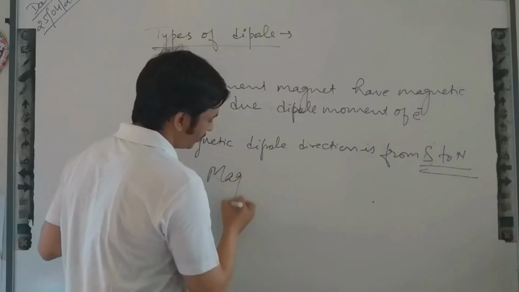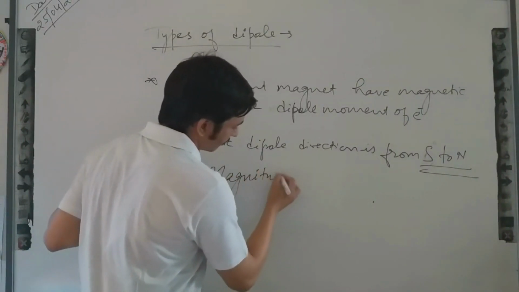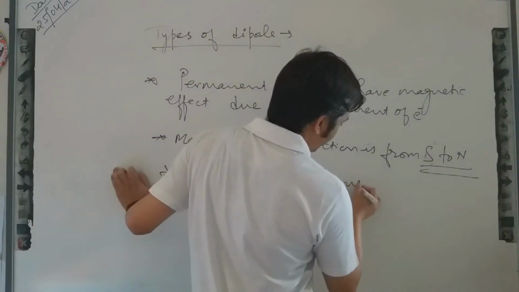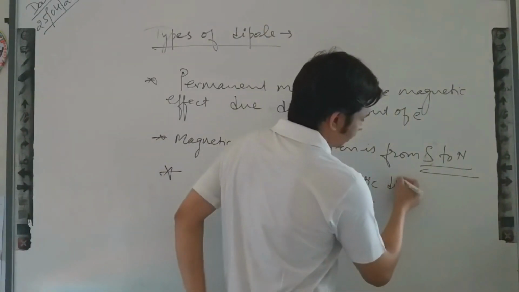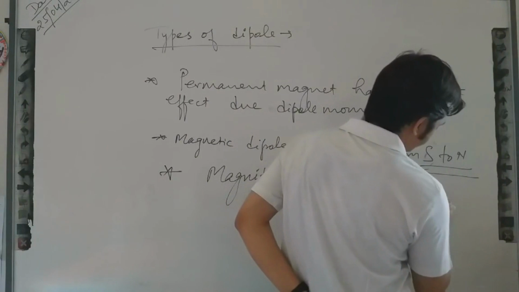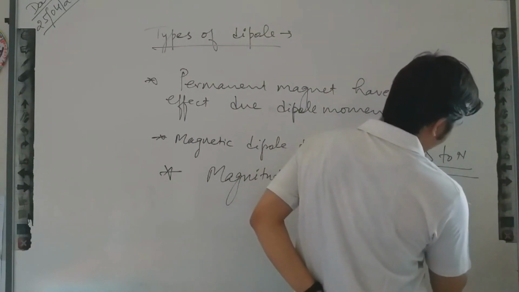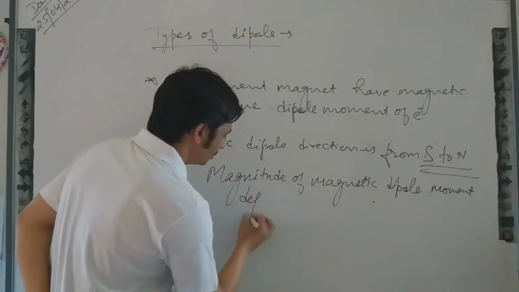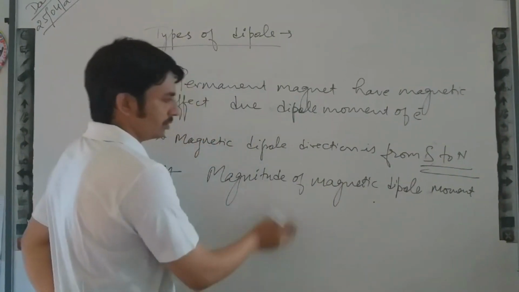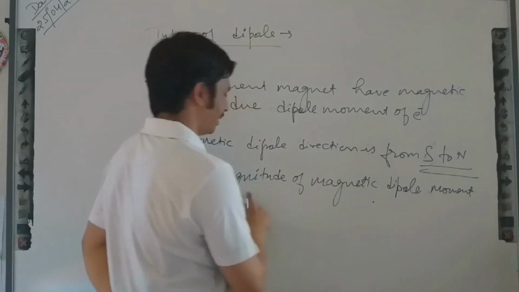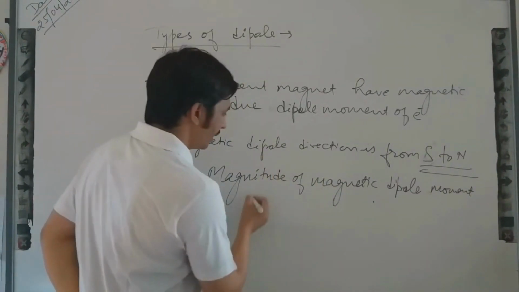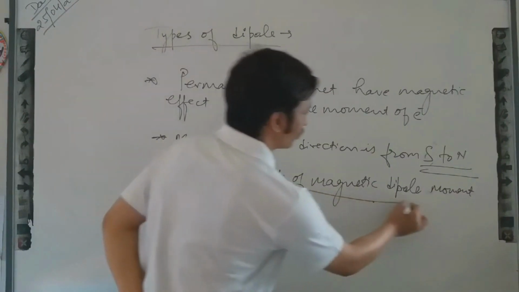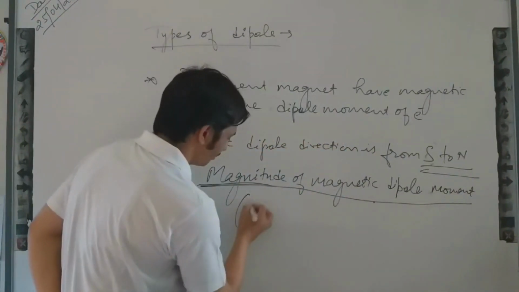So the magnitude of the magnetic dipole moment is represented by mu.